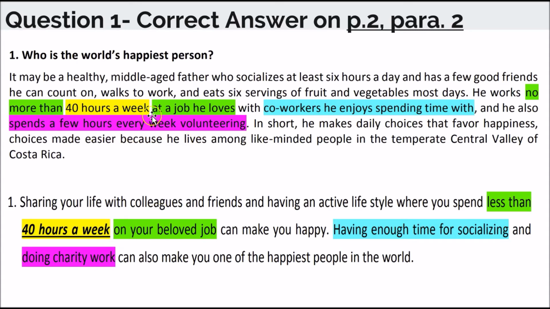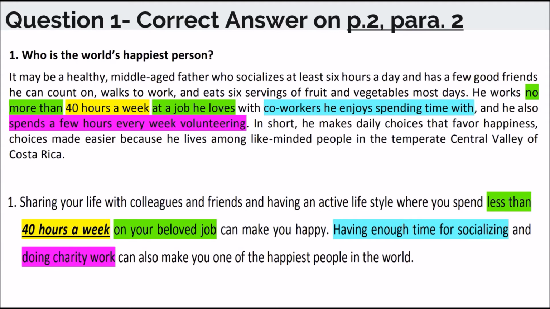So this is the paragraph that we need. From this paragraph, there is only one thing that we're looking for as the correct answer, and that part is "40 hours a week." So "spend less than 40 hours a week" is our correct answer. This 40 hours a week is our correct answer.